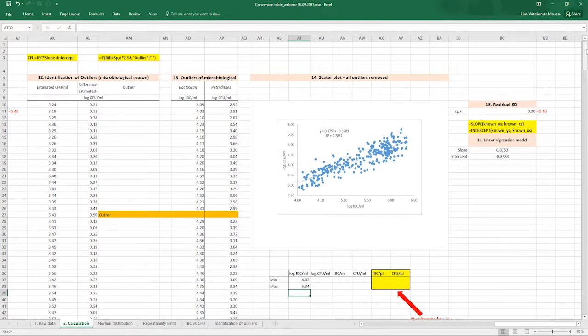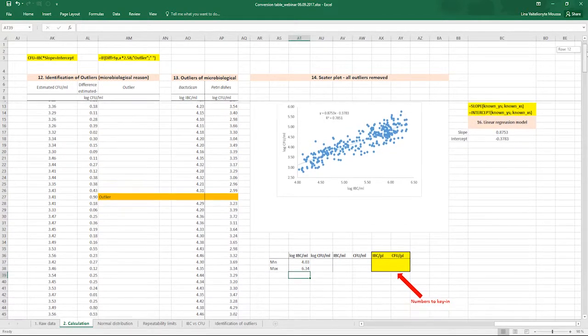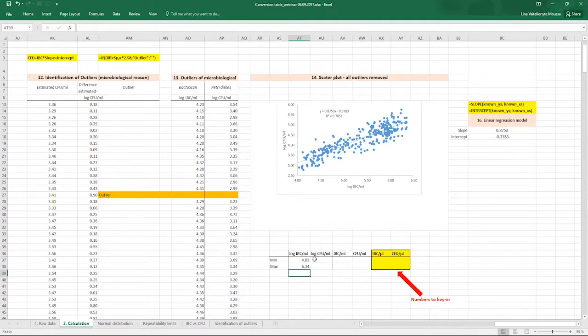In order to calculate logarithmic CFU per milliliter, because we have logarithmic IBC per milliliter, now using regression line equation, we can calculate log CFU per milliliter. So it will be slope multiplied by log IBC per milliliter plus intercept.